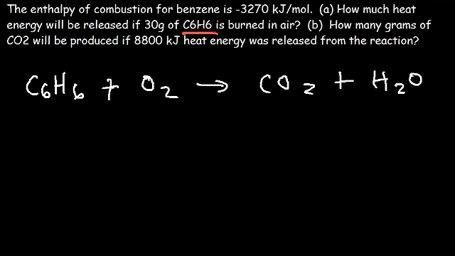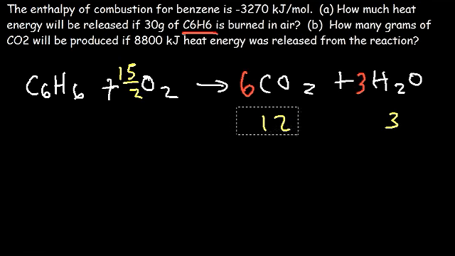So we have 6 carbon atoms on the left side. We need to put a 6 in front of CO2. And since we have 6 hydrogen atoms on the left, 6 divided by 2 is 3. And if we count the oxygen atoms on the right, we have 12, 6 times 2 is 12, and 3 from water. So that's 15. 15 divided by 2 is 15 over 2.